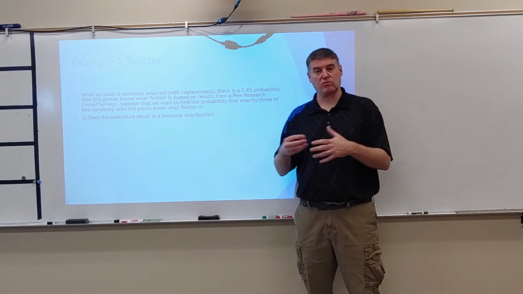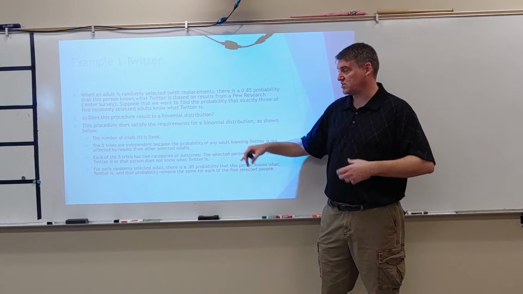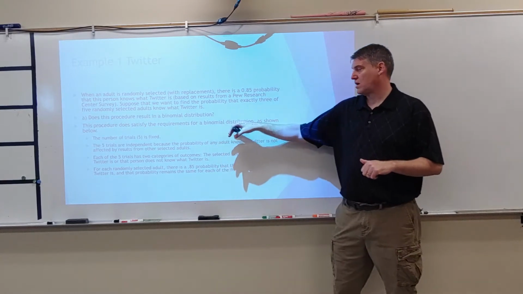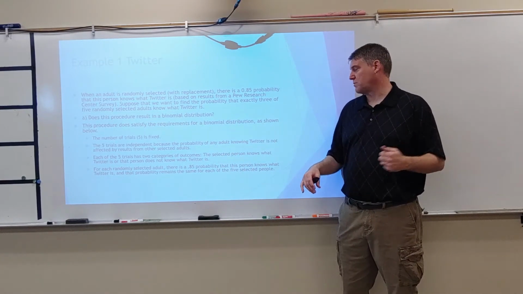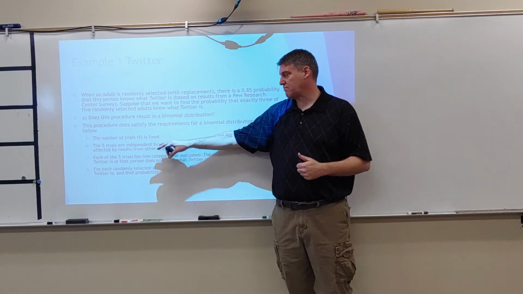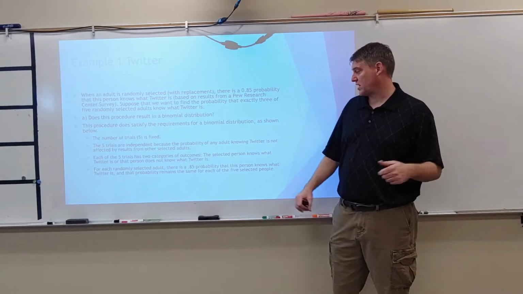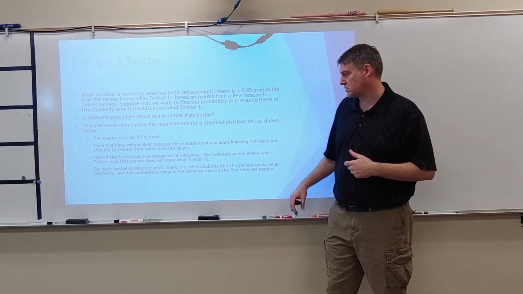Okay, so we're gonna ask that question. So this procedure does satisfy requirements for binomial distribution, right? Is the number of trials fixed? Yes, at 5. Two, the 5 trials are independent? Yes, because we have replacement, okay?